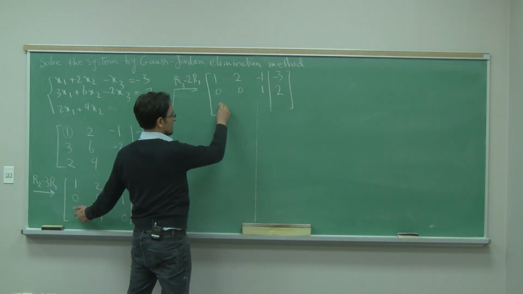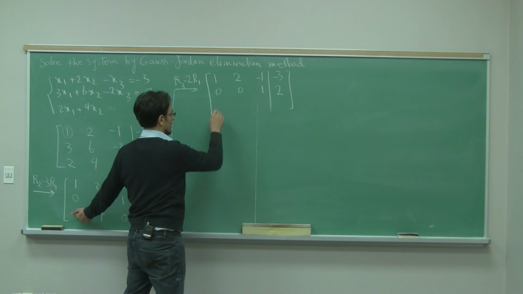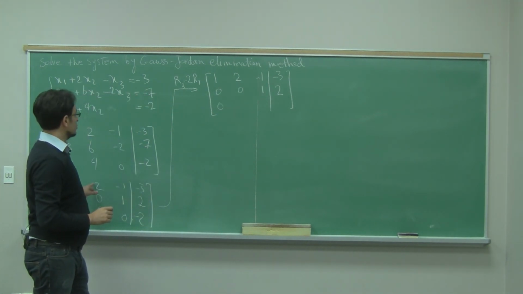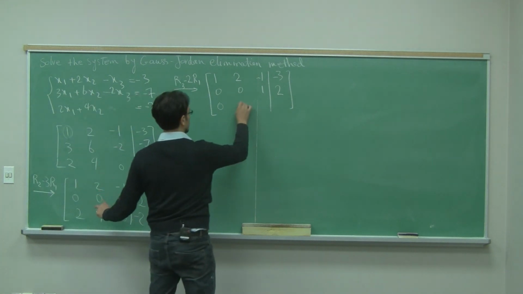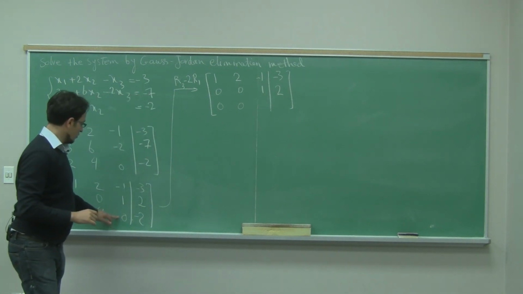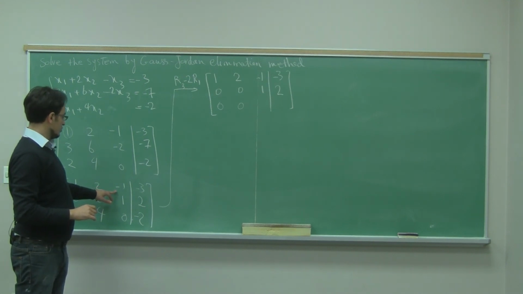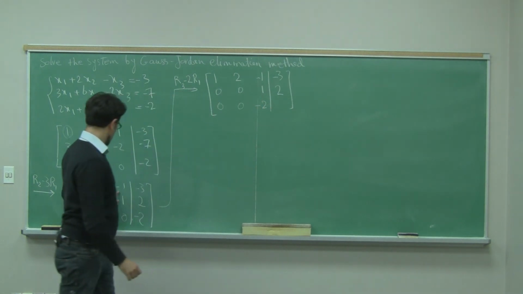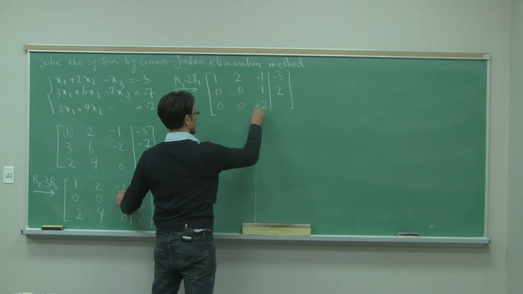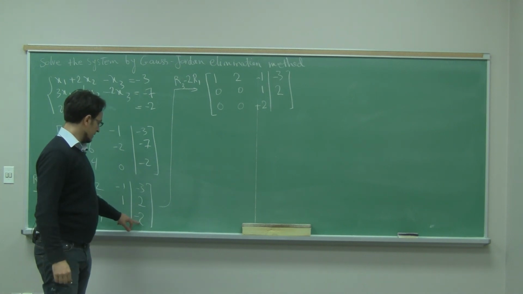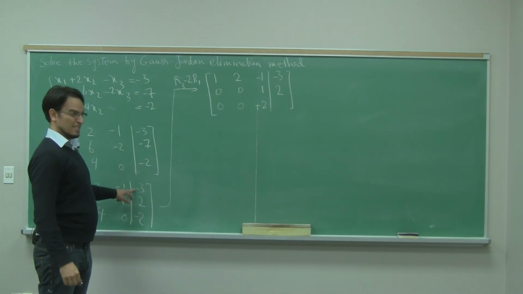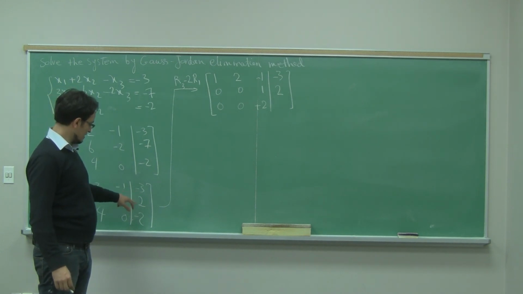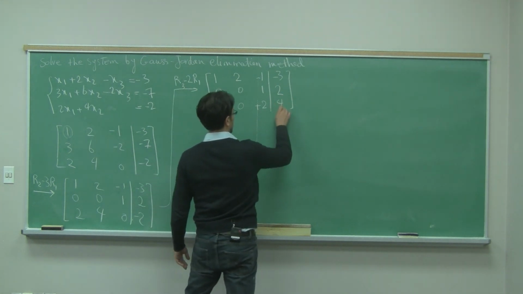So 2 minus 2 times 1 is 0. 4 minus 2 times 2 is 0. And 0 minus 2 times -2 is plus 2. And -2 minus 2 times -3, that will give me 6. And this is 4.